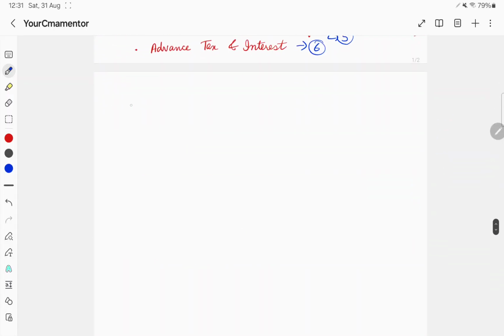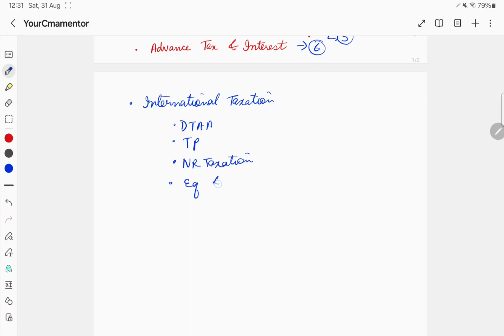Now, summarizing: first go with the international taxation chapters, that is DTAA, transfer pricing, NR taxation, equalization levy, and advance ruling.